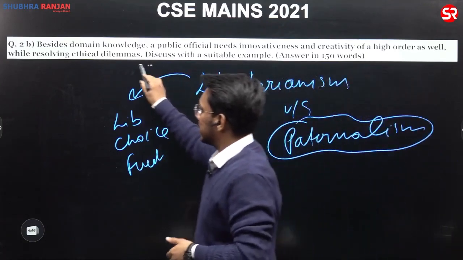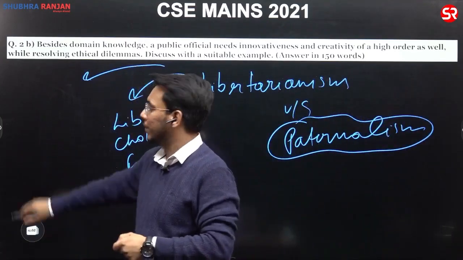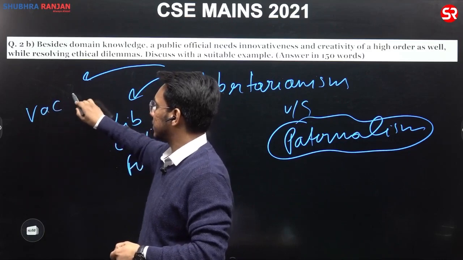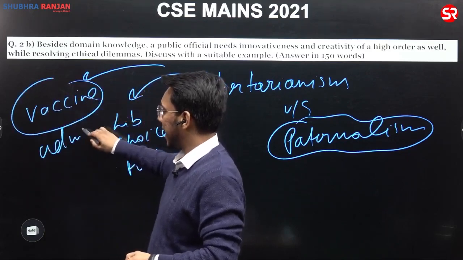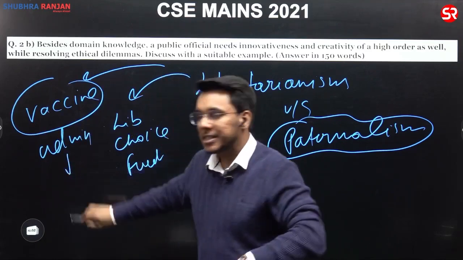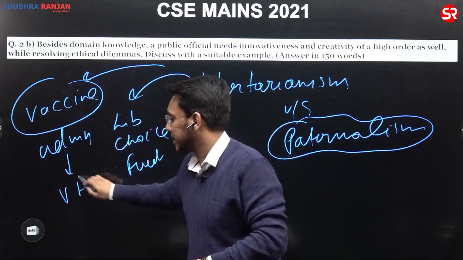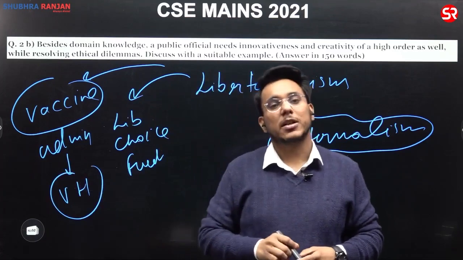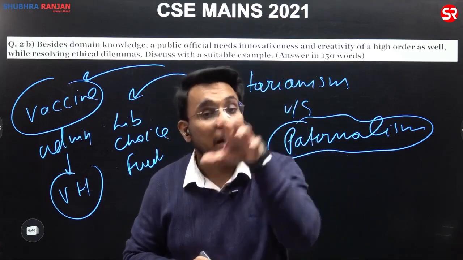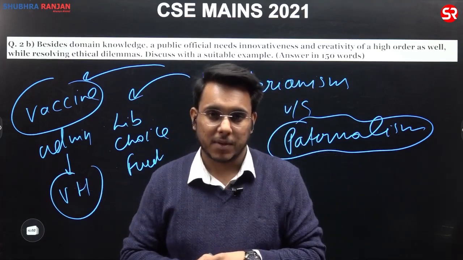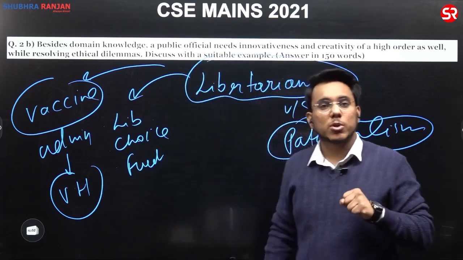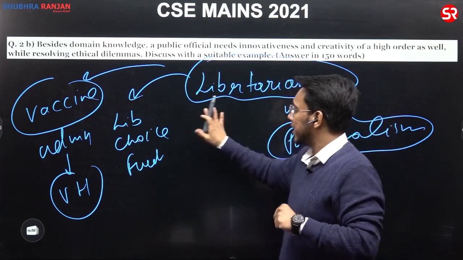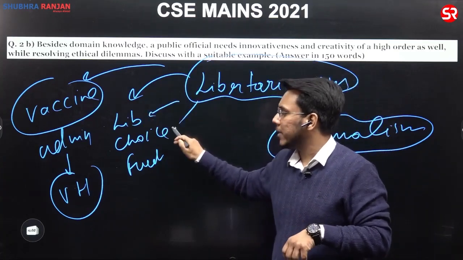This debate becomes important in the backdrop of vaccine administration. Within vaccine administration comes vaccine hesitancy. There are so many people who are not coming and taking the vaccines. Clear? Now if you give importance to libertarianism, they should be given freedom of choice.